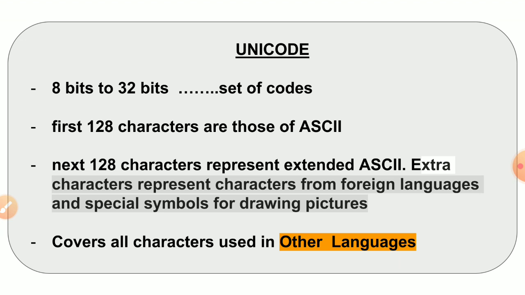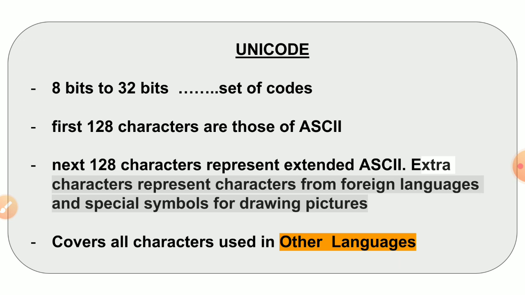The reason is because ASCII can store only 128 characters, and 128 is not sufficient. It is not at all sufficient to store all the characters of all the languages all around the world. 128 is simply not enough. That is why another system was invented, and that system is known as Unicode.